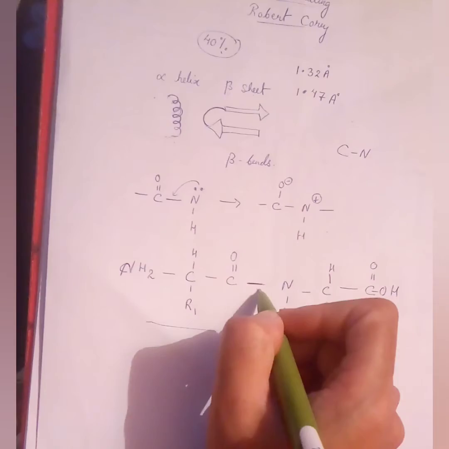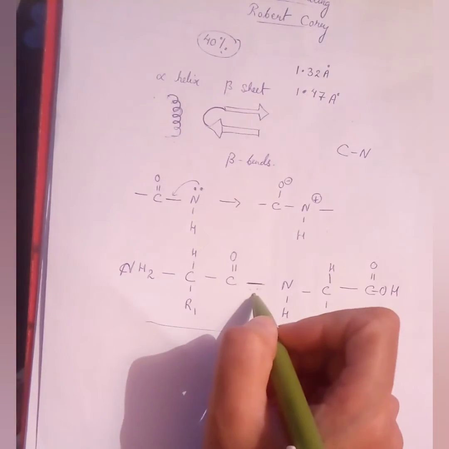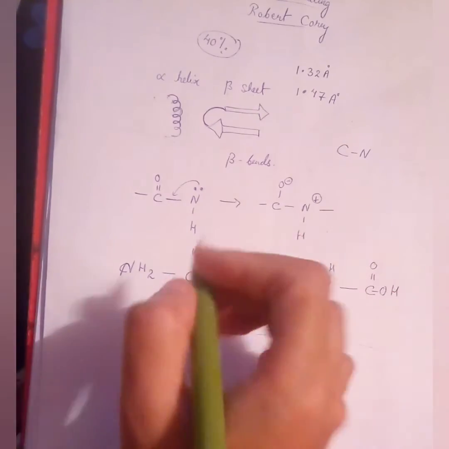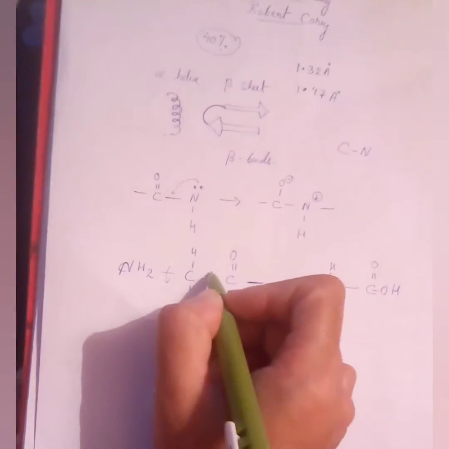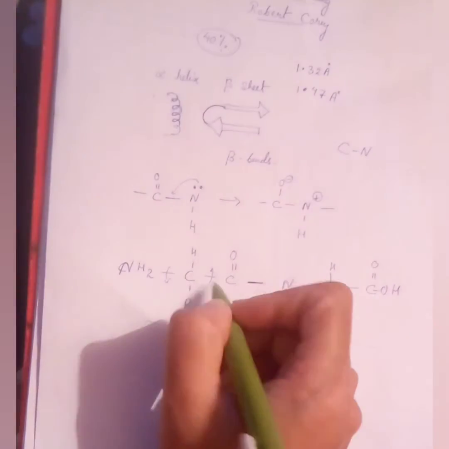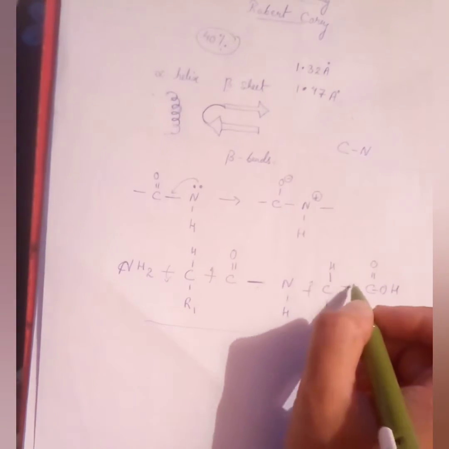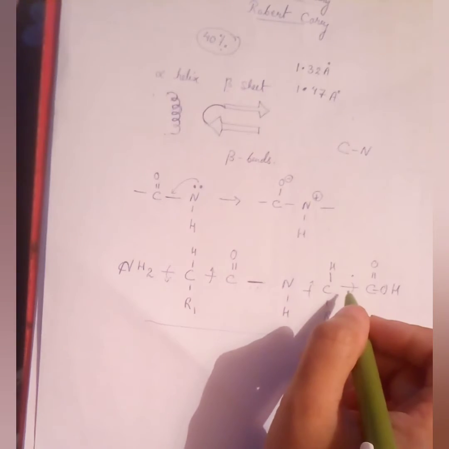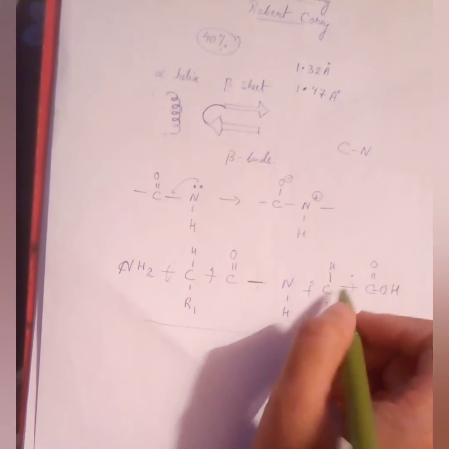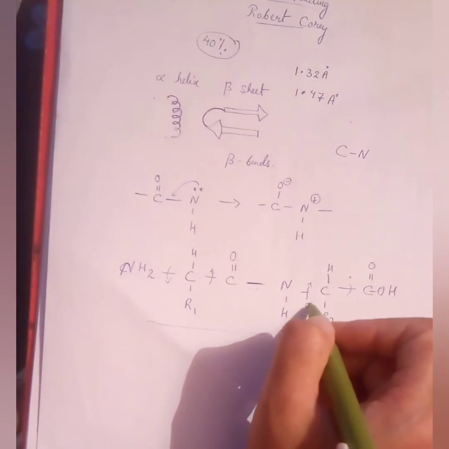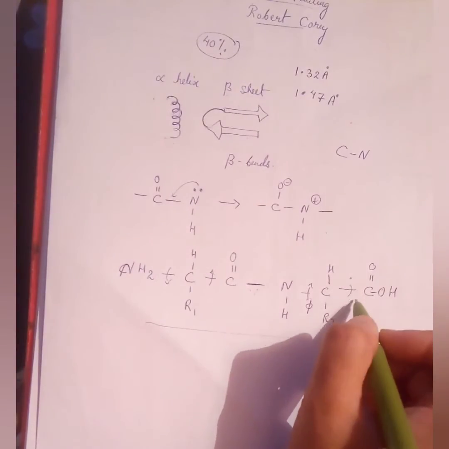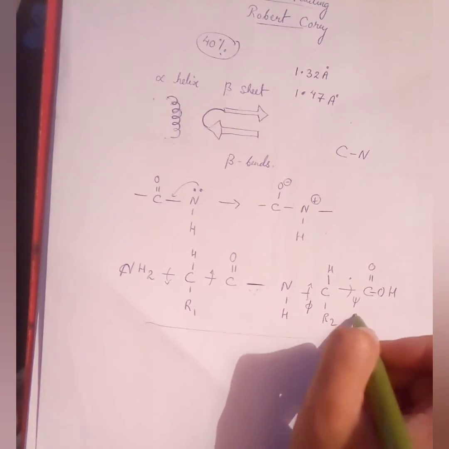Since this acts as a partial double bond, it will not be able to rotate. That means rotation is possible only in this one and this one, that is within the amino acid itself. And these angles here are referred to as the Psi. The CN bond is referred to as the Psi, and the CC bond is referred to as the Phi angle.